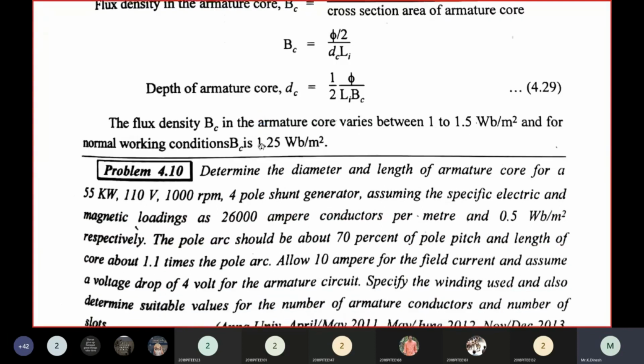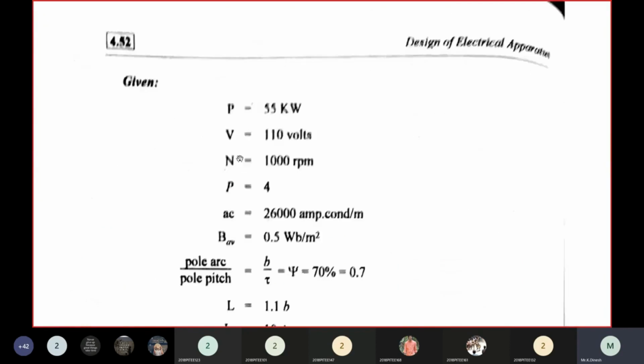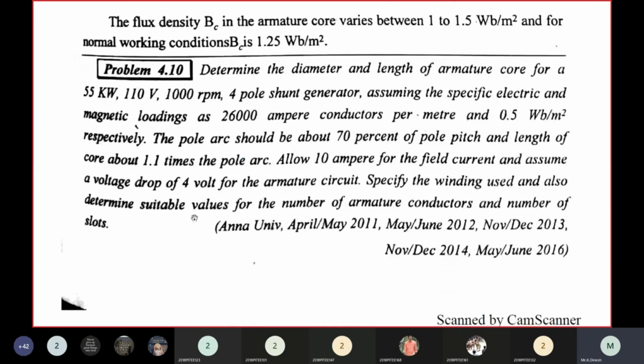So this is one of the famous questions which is repeatedly asked in your university examination. Determine the diameter and length of armature core for a 55 kilowatt, 110 volt, 1000 rpm, 4-pole shunt generator, assuming the specific electric and magnetic loadings as 26,000 ampere conductors per meter and 0.5 Weber per meter square respectively.